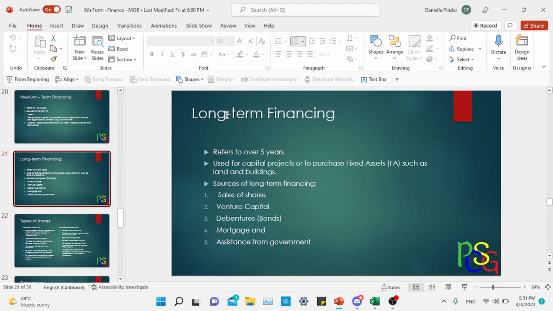Right. So now we go on to long-term financing, and as you said, it is over 5 years, and it is used for long-term assets, such as buying a building or land.